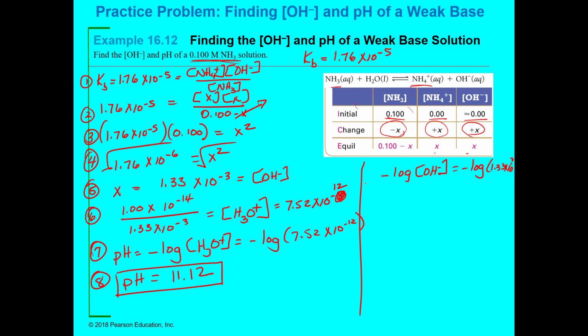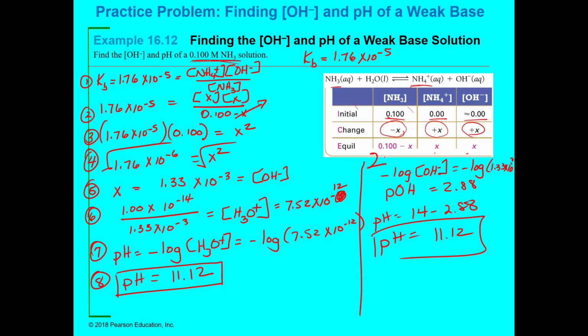That would have given you the pOH, 2.88, right? And then the pH is equal to 14 minus 2.88. pH is 11.12.